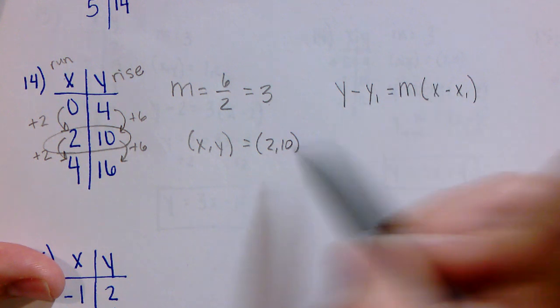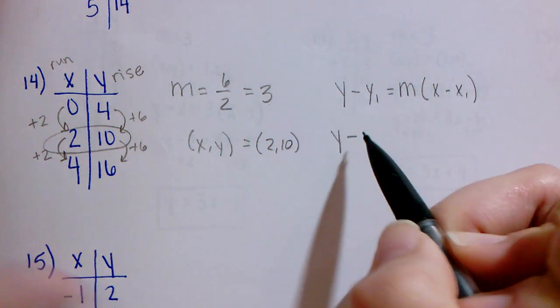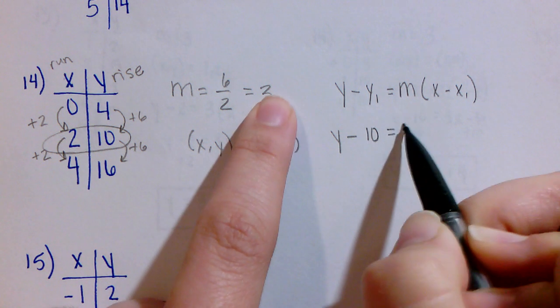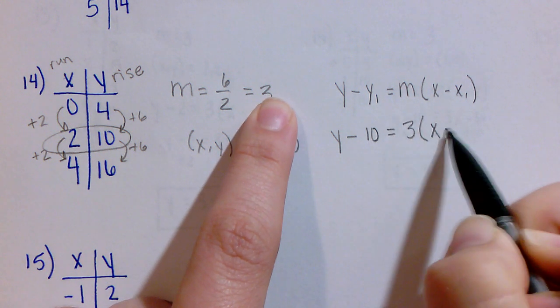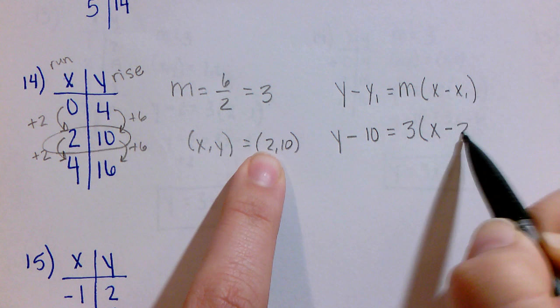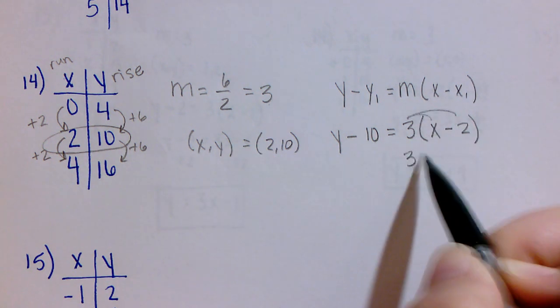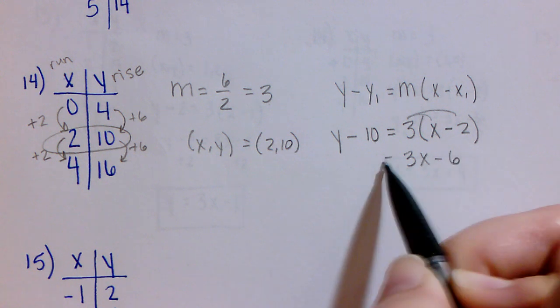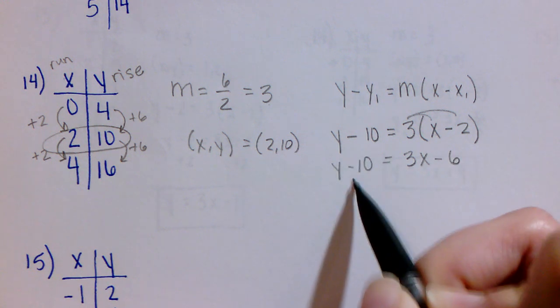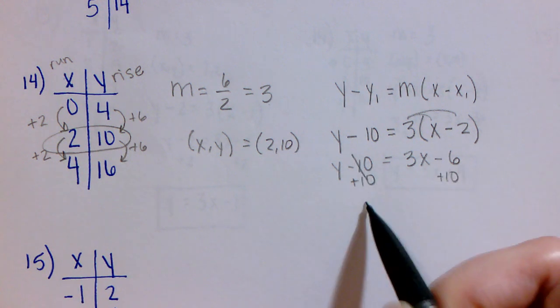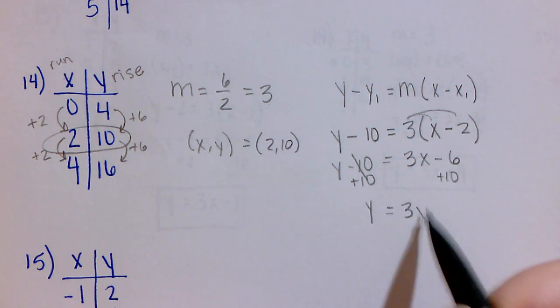So I'm going to plug in all the things that I have. y minus the y that I chose, 10, equals the m that I solved for, times x minus the x that I have, 2. Okay, so I distribute 3x minus 6, bring this down, and I need this to go to the other side so that my y is completely by itself.